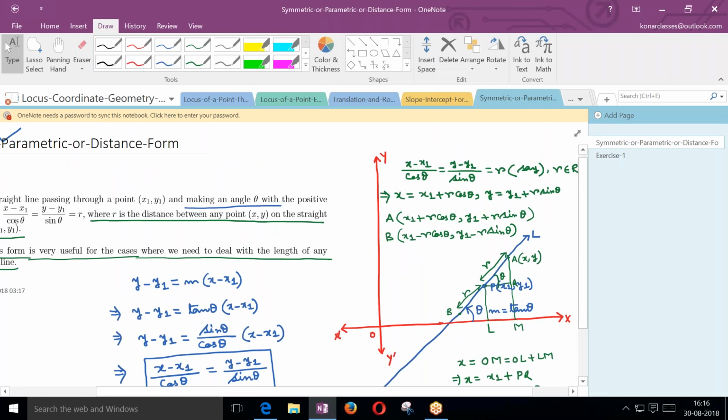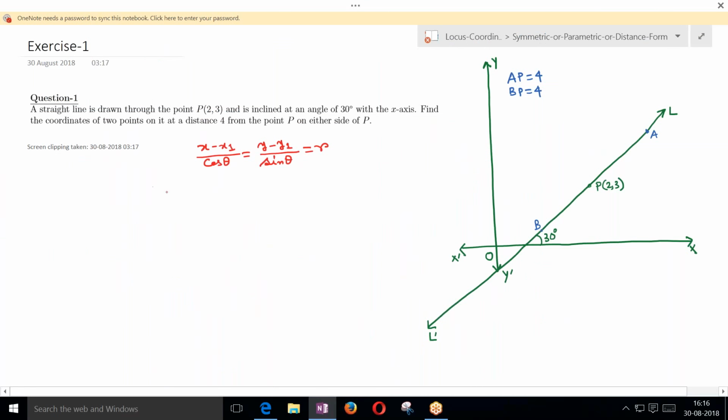So now if we apply that concept here, what is x1? It is given that x1 is equal to 2, y1 is equal to 3, theta is equal to 30 degrees, and r is also given, that is equal to 4 units. Then what are the points?